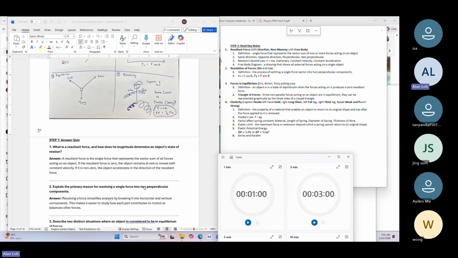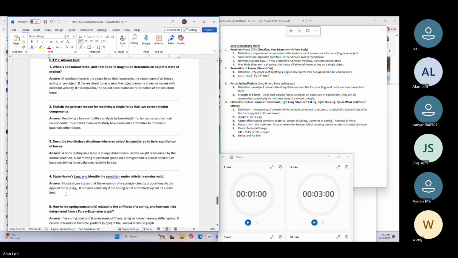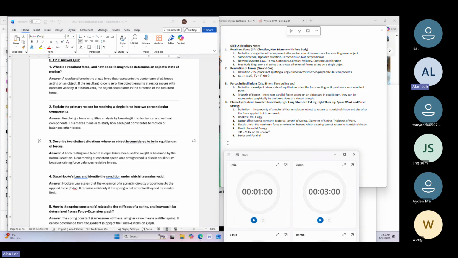Okay, we are running a bit late, so let's do it a bit faster. Every minute we will do 2 questions. Same drill, same tactic, same method. Let's do question number 3 and number 4 now.